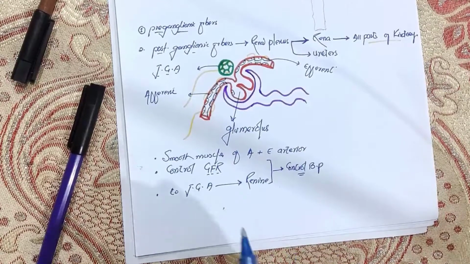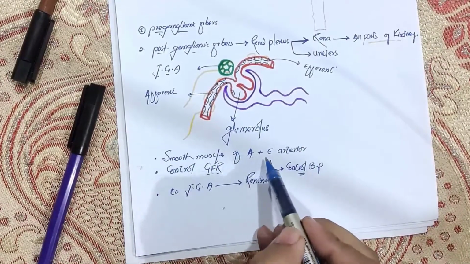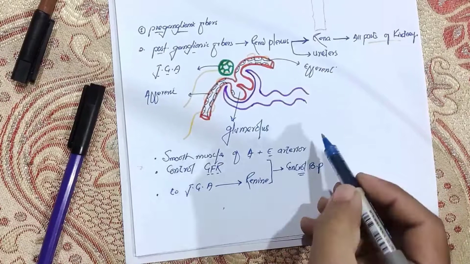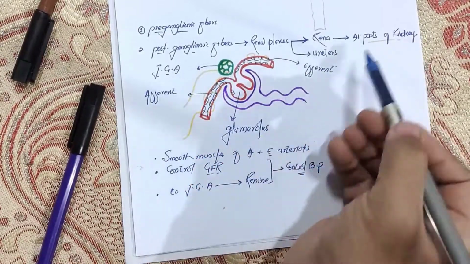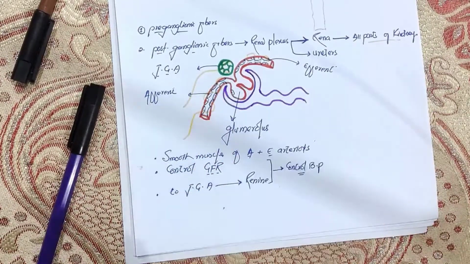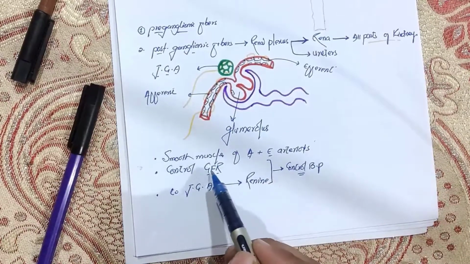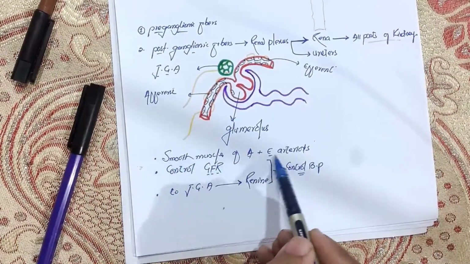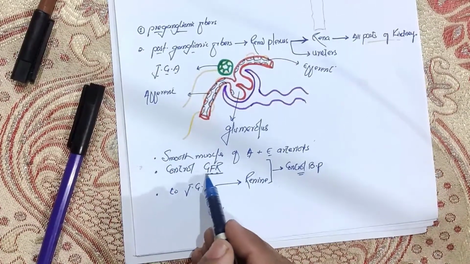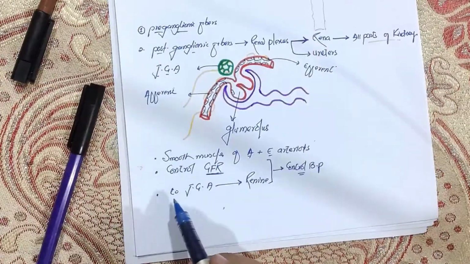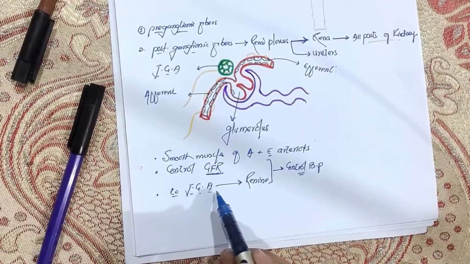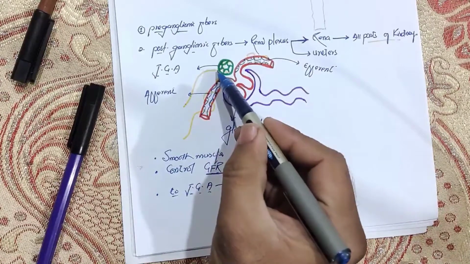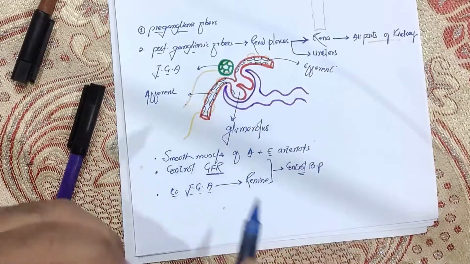So look, the smooth muscles of afferent and efferent arterioles control the GFR, okay. Then the glomerular filtration rate is controlled, and the juxtaglomerular apparatus controls the release of renin hormone, right? So they will control your blood pressure.